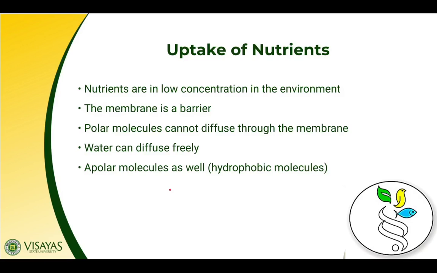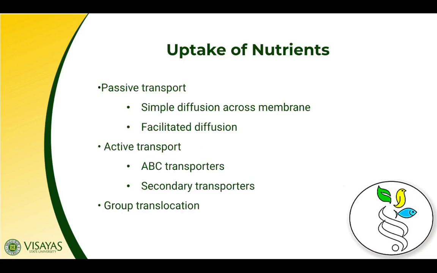Last time we already talked about the different types of transport. There are passive and different types of active transport. In passive transport, there is no energy expenditure. The microorganism does not spend energy in order to transport a certain substance in and out of the cell.